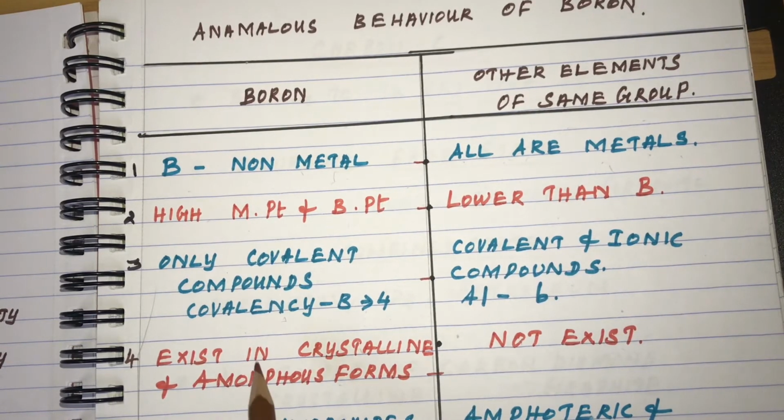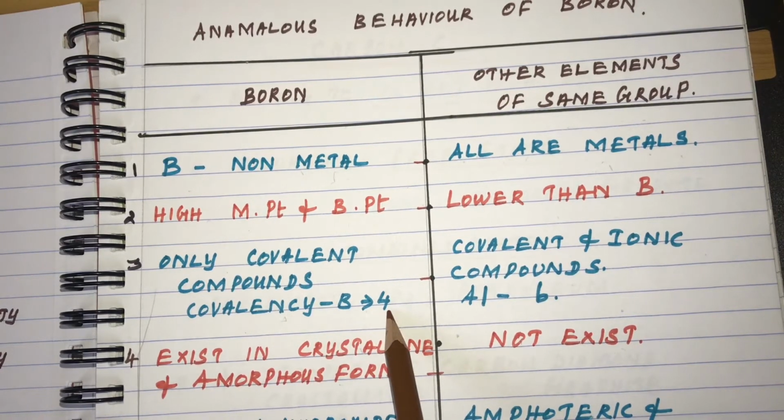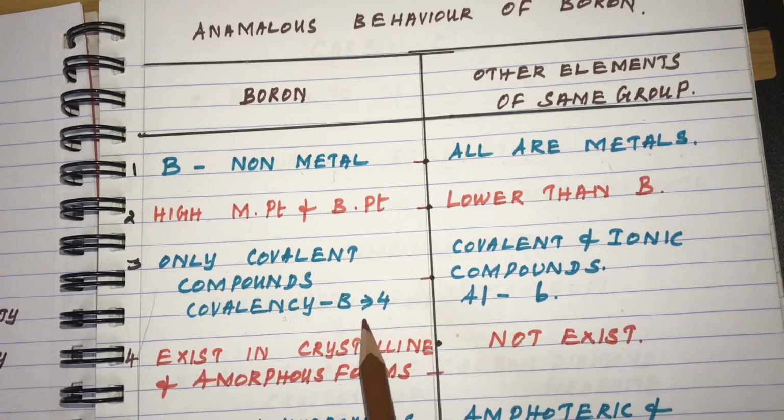Boron forms only covalent compounds, with a covalency of 4. Covalent bonding means the sharing of electrons during bond formation. Boron only forms covalent bonding and covalent compounds.